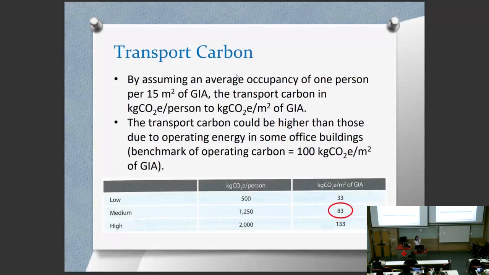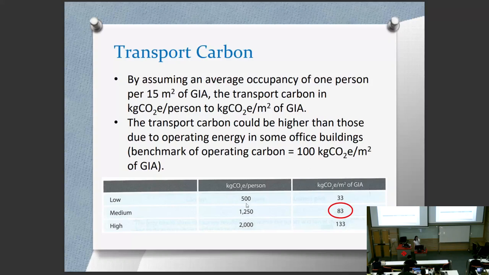By assuming an average occupancy of 1 person per 15 square meter of gross internal floor area, the transport carbon in kg carbon dioxide equivalent per person can be converted into per square meter of internal floor area. And the transport carbon could be higher than that due to operating energy in some office buildings if the building is far away from the city center.